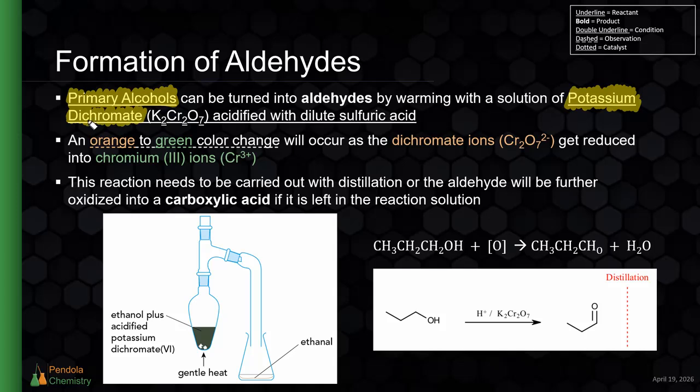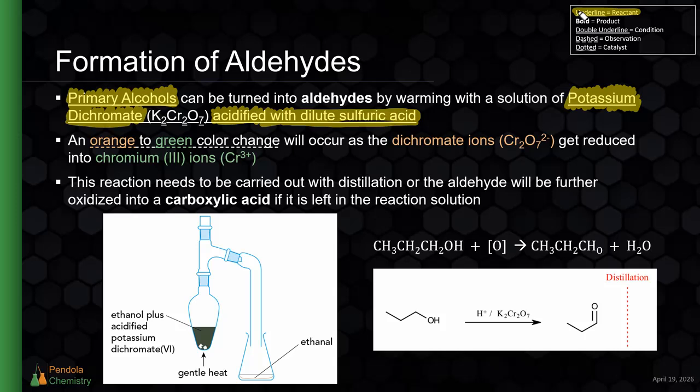Now, if we grab acidified potassium dichromate with dilute sulfuric acid, and we react a primary alcohol with it, we will oxidize that alcohol. We would add oxygens and remove hydrogens from that alcohol.